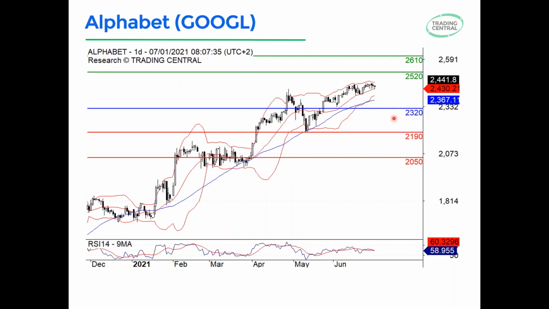Another one is Alphabet. You see, just amazing. This uptrend, and at this stage it is still hovering at record high levels.